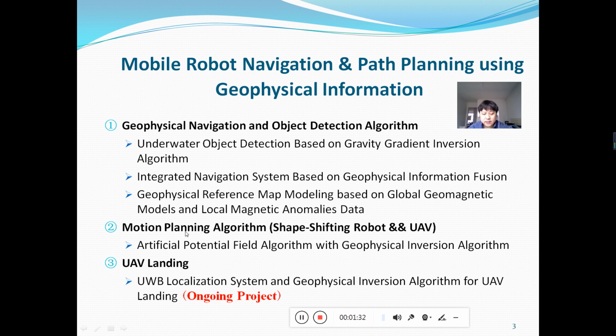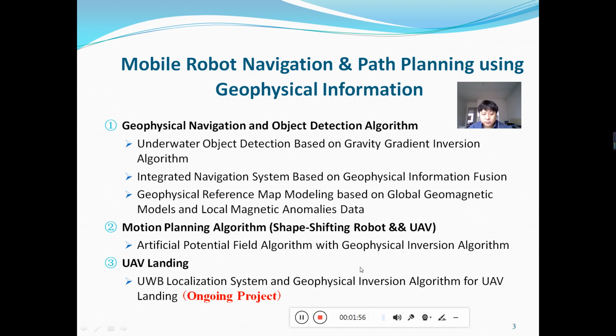Another research is motion planning, and particularly I use the artificial gravitational field function with the physical inversion method to realize the motion planning, and I use a shape-shifting robot and a UAV to prove this method.